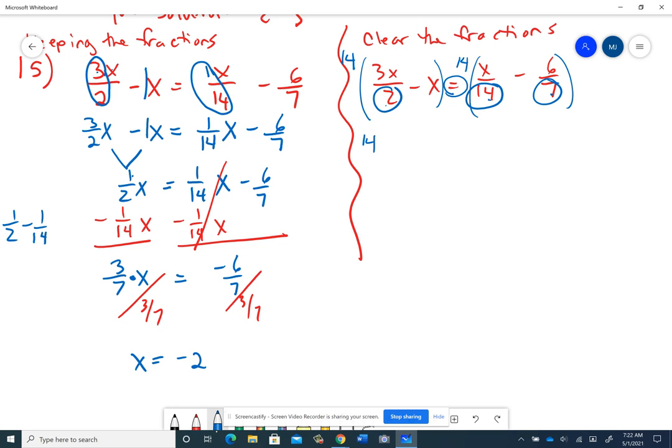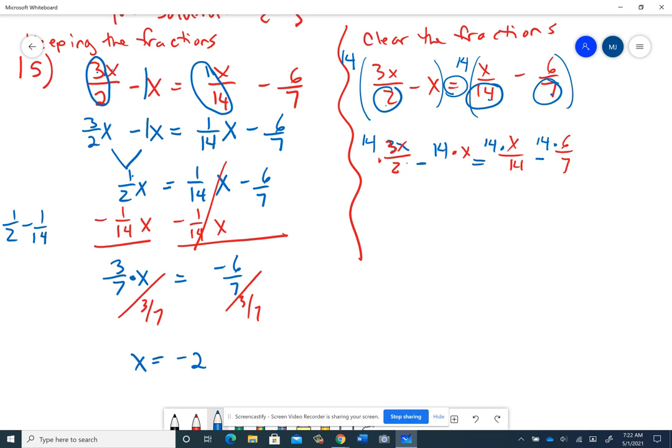So we're going to do 14 times the 3x over 2, 14 times the x, and 14 times each of these as well.